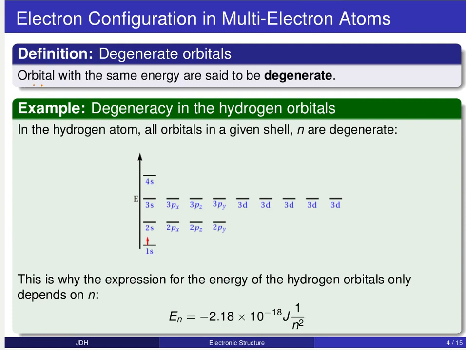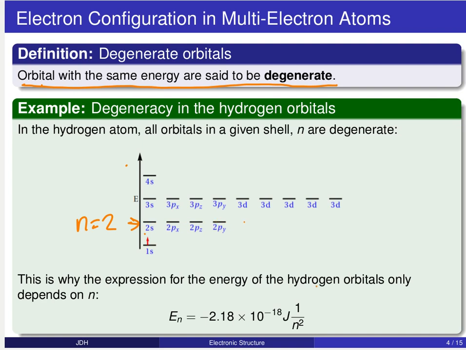So when I say degenerate orbital, all I mean is an orbital that shows up with the same energy, which means if I look at this energy diagram for each one of those atomic orbitals, we can see that for a given value of n, in this case n equals 2, all of those hydrogen orbitals with an n equals 2 have the exact same energy.